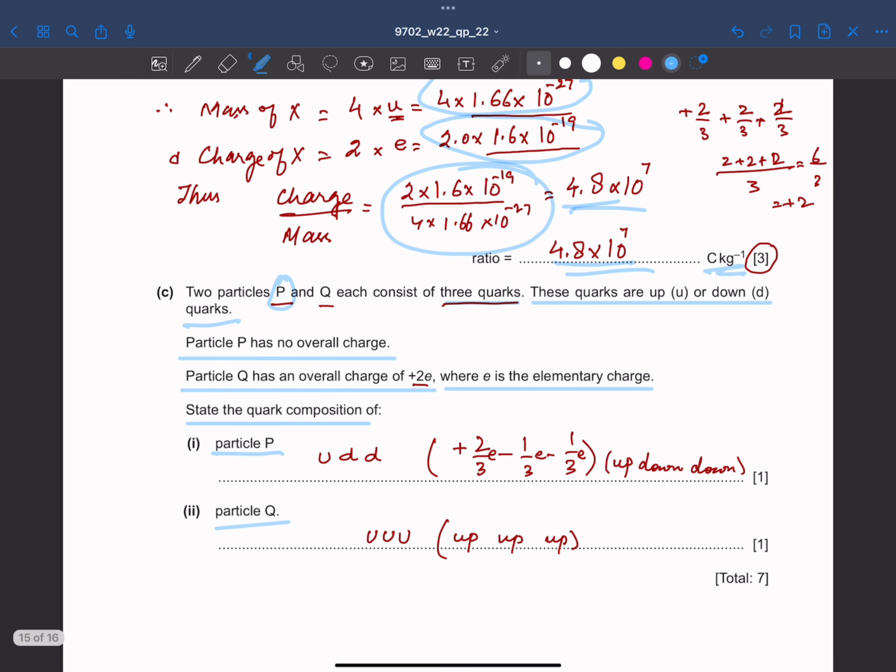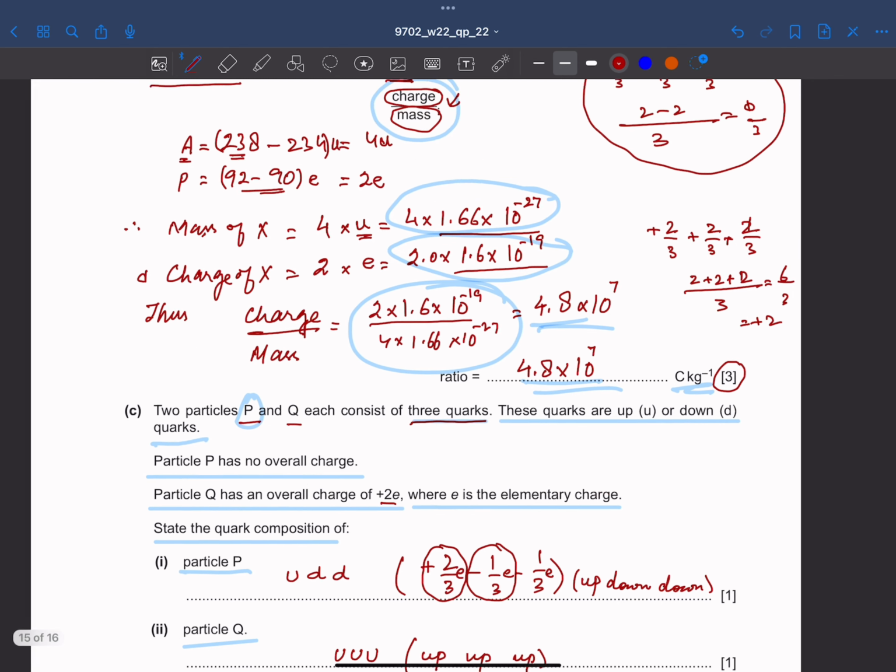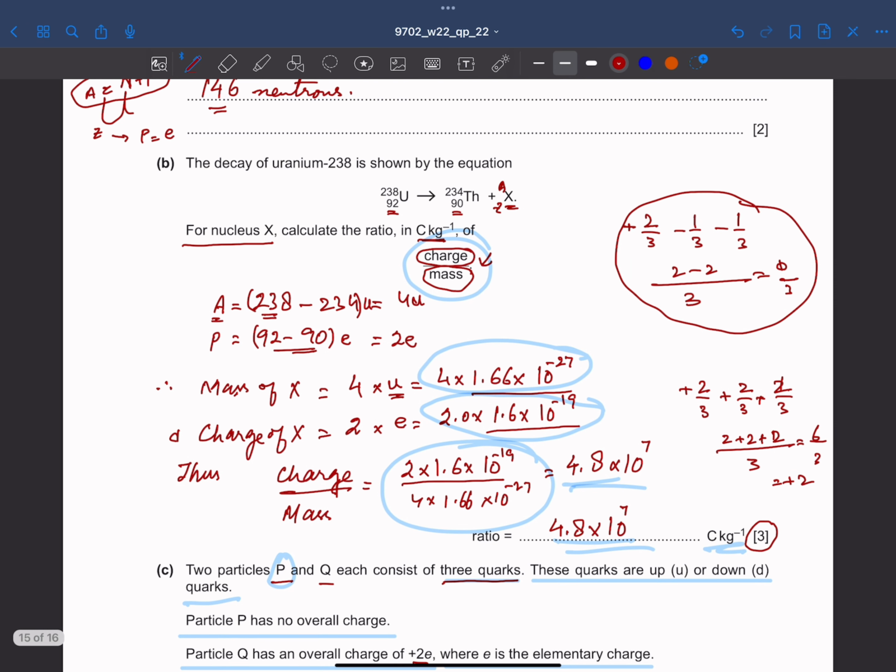So what we actually have to recall is that the up quark has a charge which is 2 over 3 e, and the down quark has a charge which is negative 1 over 3 e. So if you have no charge, what you have to do, as I have done here, is 2 over 3, negative 1 over 3, negative 1 over 3, so they are giving you the value of 0.